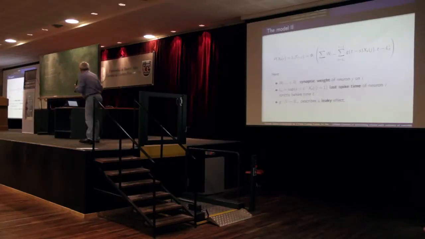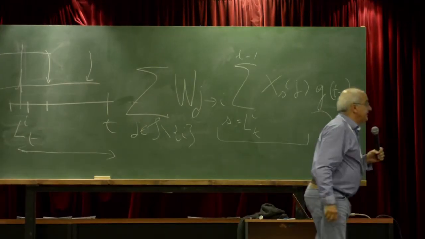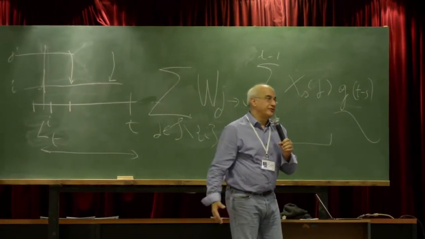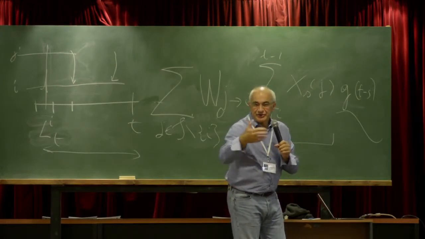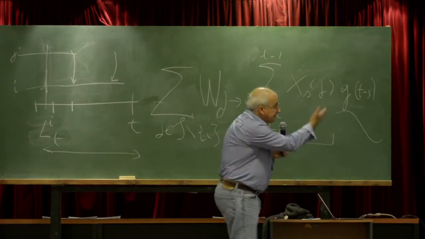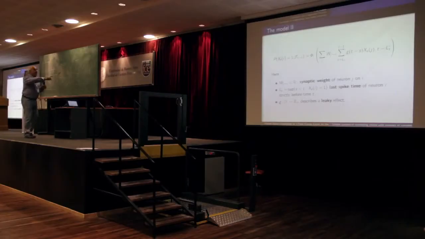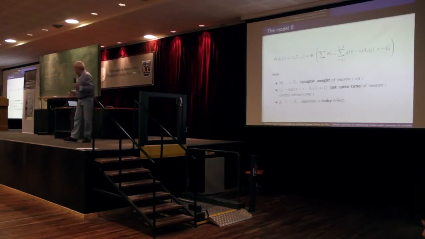Or maybe g_j decreases this way. Actually, it's more simple with a g_j which decreases from the mathematical point of view, because it gives you a short memory. In reality, g_j decays. And then you have this t minus L_i(t), which is kind of an aging effect.